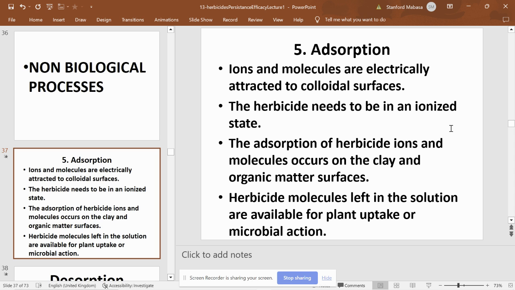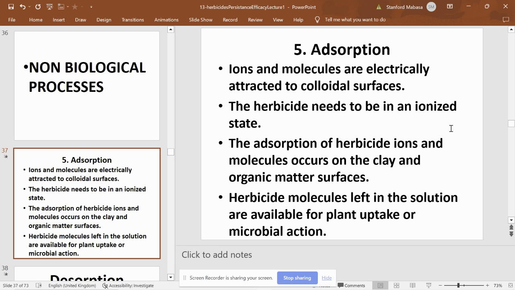So what can happen is that if we apply the herbicide to the soil, part of the herbicide is going to be absorbed by clay or organic matter to saturation point. And whatever is no longer being absorbed is the one which is available to kill the plant or for microbial action.